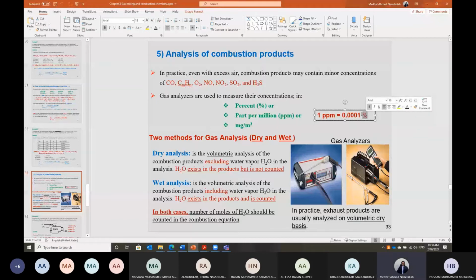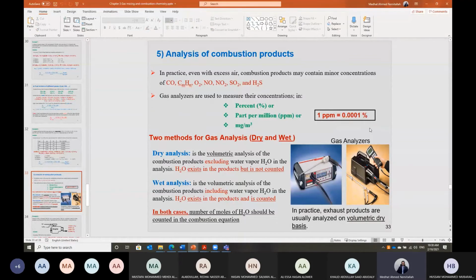So if I give you the concentration in a problem in parts per million, you can convert it to the volumetric concentration, and then you can write down the combustion equation as we will proceed right now. It can also be measured in some cases in milligram per meter cube. And this is the unit of measuring the concentration of the exhaust gases.